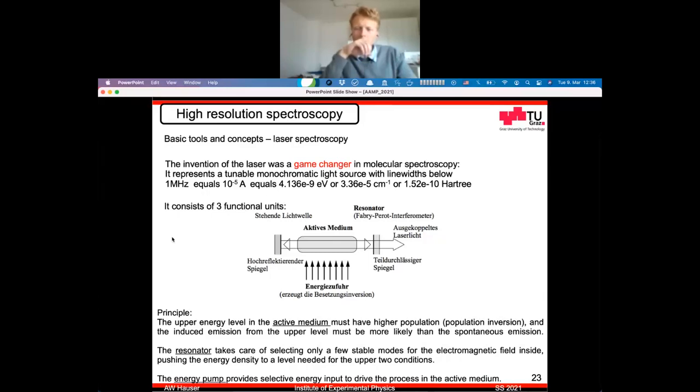So, of course, if you give photons of a certain energy to the system, so you put energy into this piece of matter, you will have some fluorescent spectrum.